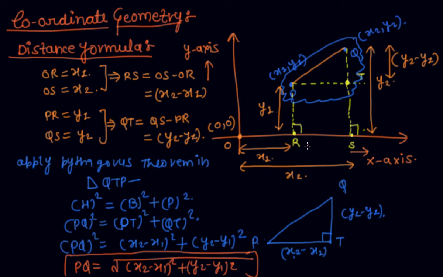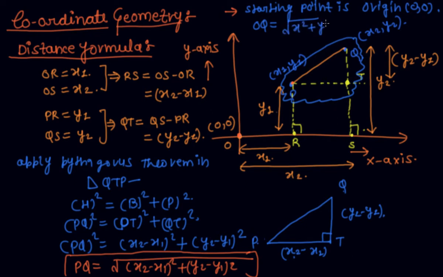Now one more important thing: if the starting point is the origin, that is, if point P coincides with the origin, which is 0, 0, then the distance between point O and Q, OQ, is just the square root of x square plus y square, because the initial point coincides with the origin, so the values of x1 and y1 are 0.